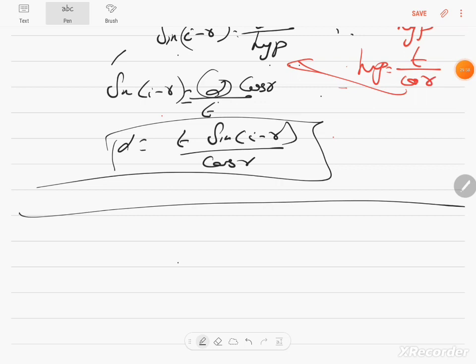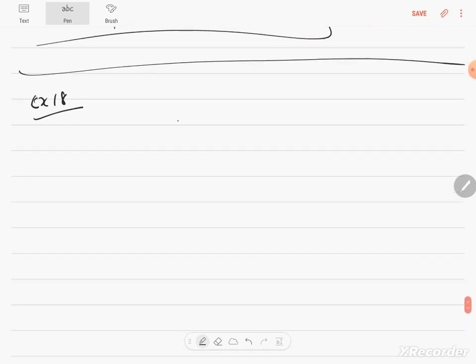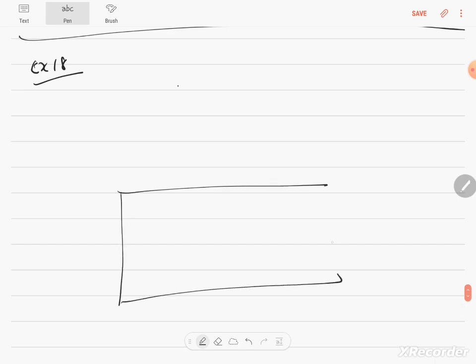So now that you know this concept, I'll teach you an example in this concept, which will be example 18. A parallel sided glass slab of thickness 6 centimeter is made of a material of refractive index √3.